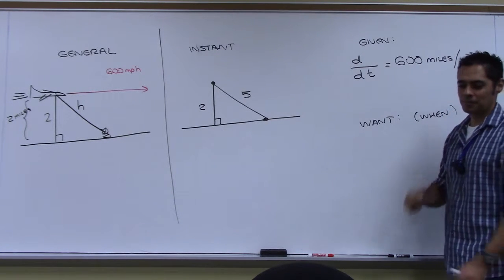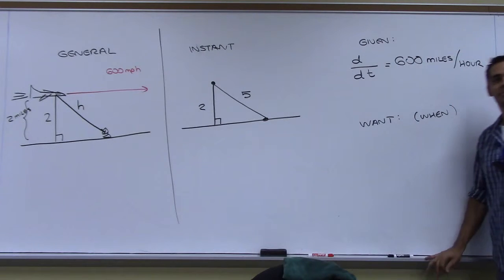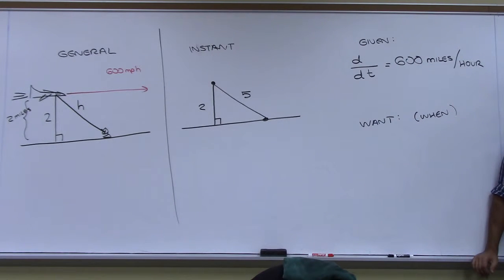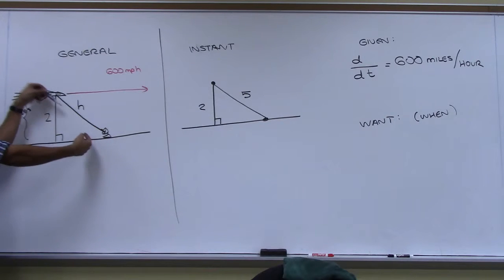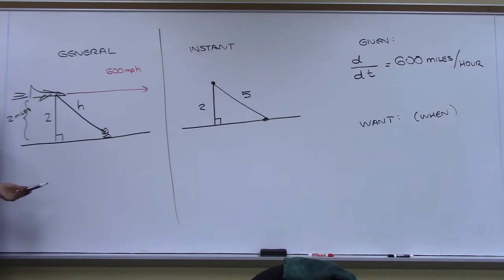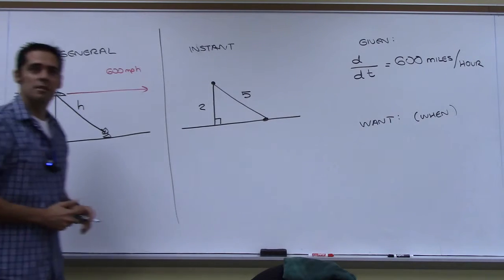Is it h? No, because h is this, right? How fast that's changing, that's what we want to know, right? It's not 600. So it's not h. It's something else.